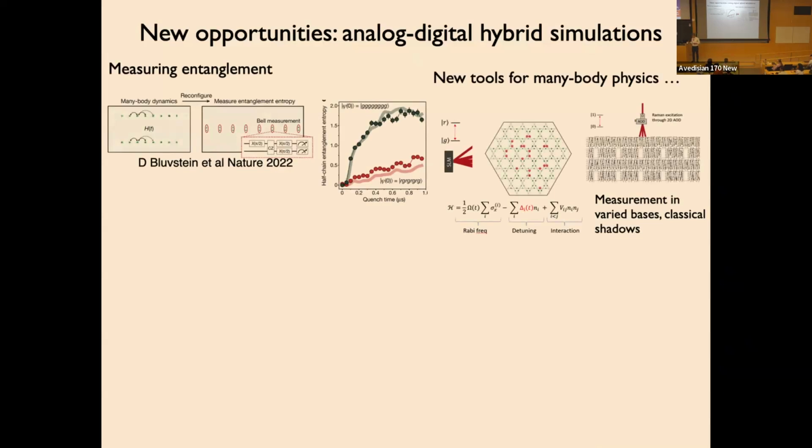How much does the shuttling speed of your atoms restrict the types of algorithms and applications that you can run? This is maybe something we can discuss at the end. The question here is that this reconfigurable architecture will require some time.